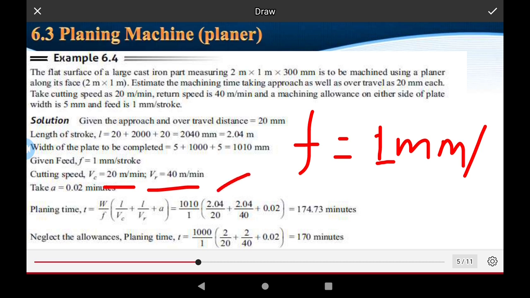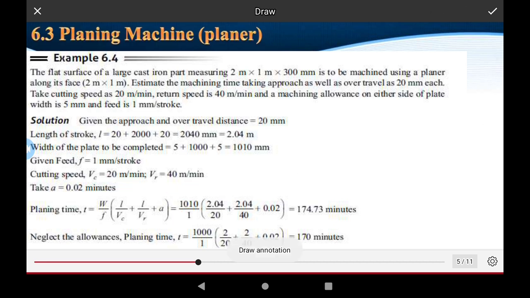Put all the values in this formula for planing time: t equals small w upon f, times 1 upon vc plus 1 upon vr, plus a. Here 1010 upon the feed rate 1, and l is the total length.